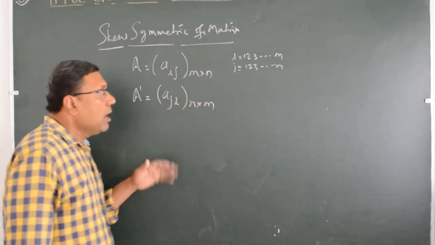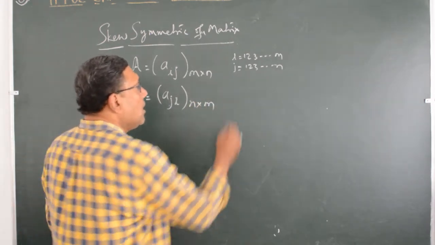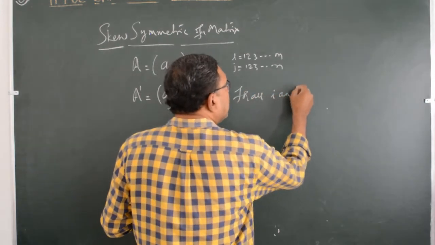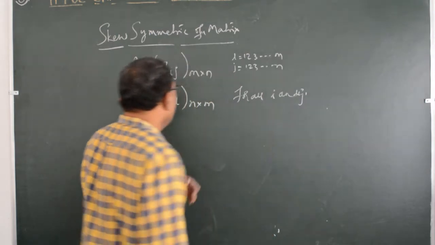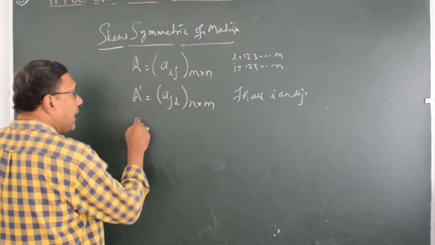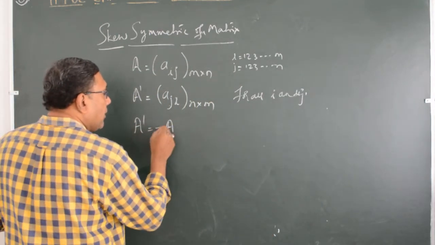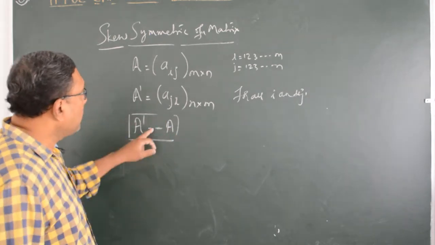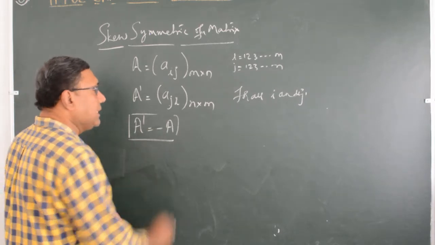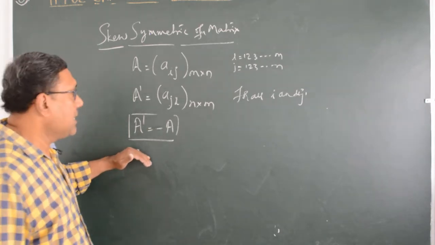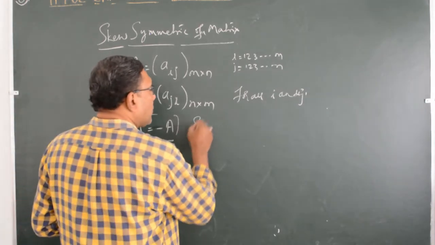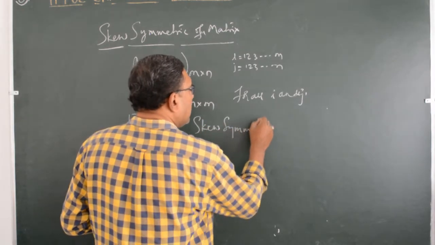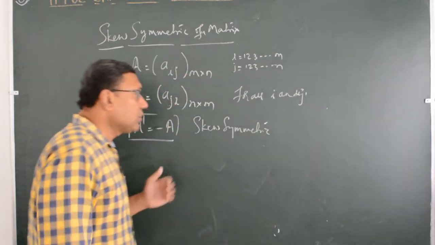Now, if I do this for all i and j values, then I should get A transpose equal to minus A. Put a box for this: A transpose should be equal to minus A. If you get this, then your matrix is called skew symmetric.